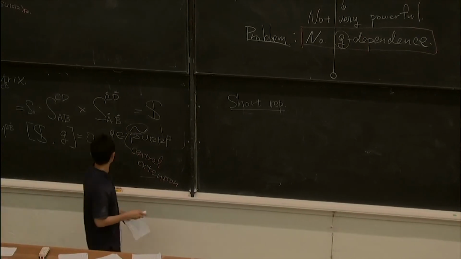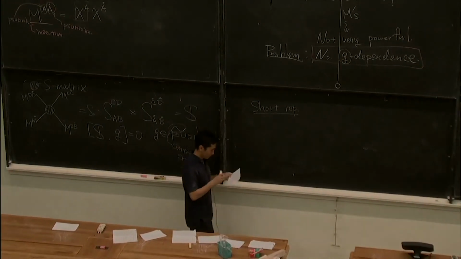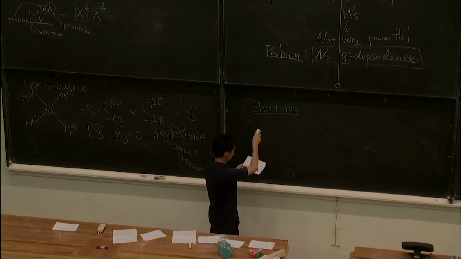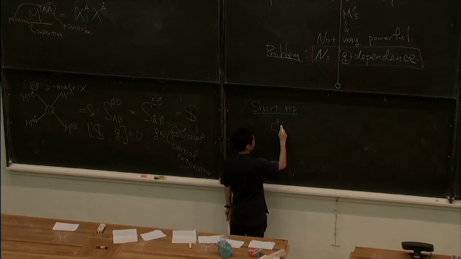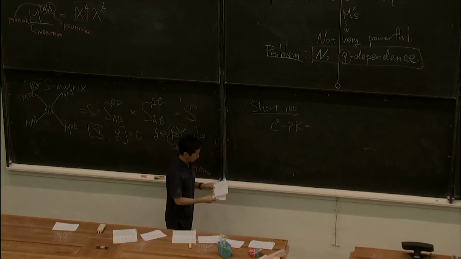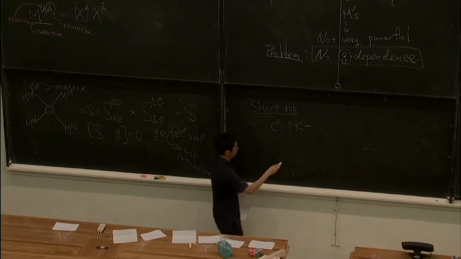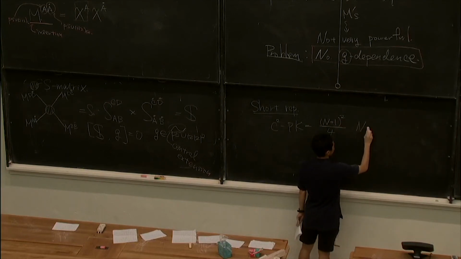Also here, these magnons turn out to belong to what's called a short representation. And generically, the condition for a representation to be a short representation is this condition, where n is some integer.